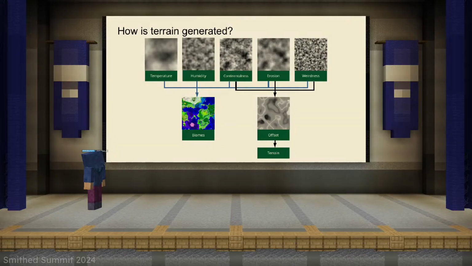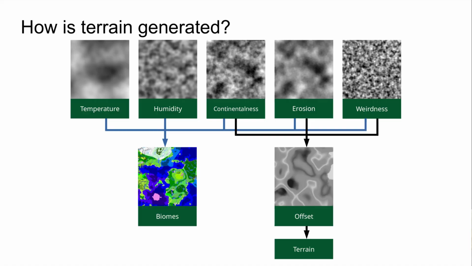Instead, we just use the same inputs as we've used for the offset value. So now we just need to make sure that we're placing the biomes in the same areas or the same combinations of those noise inputs, where we've put matching terrain in our splines for the offset value. And that's how we make sure that our biomes match the terrain.